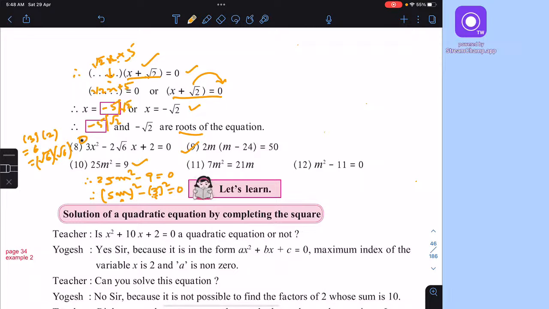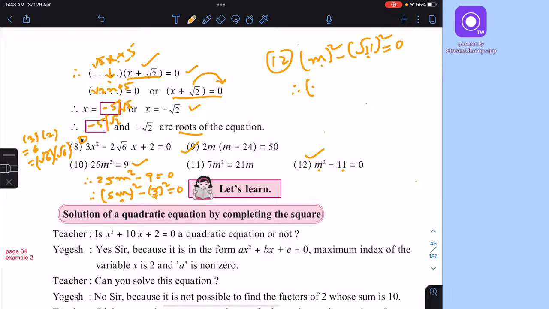This 10 and 12 are similar. In 12, if you want, this m square minus 11 can be considered as m square minus root 11 square is equal to 0. Square of m is m square, square of root 11 is 11. This is of the type a square minus b square equal to 0.